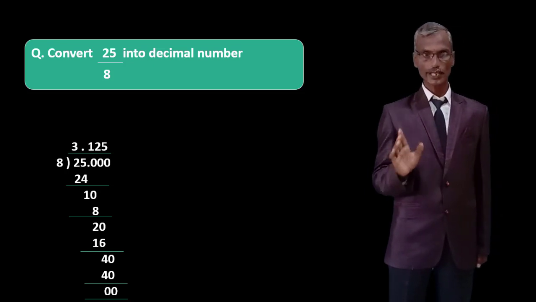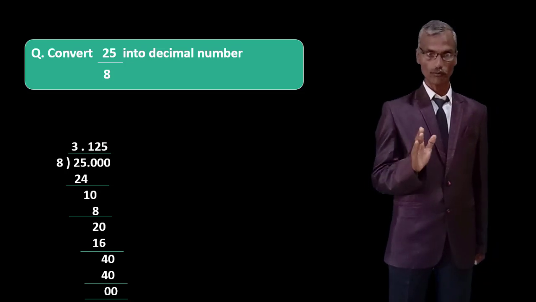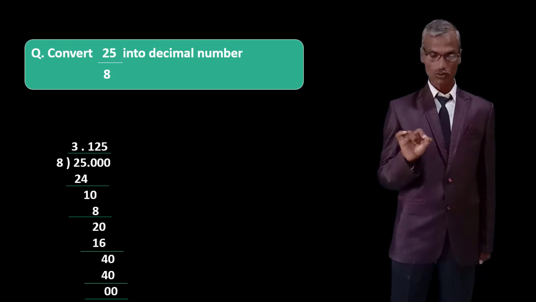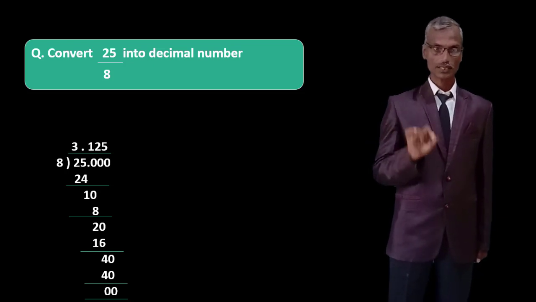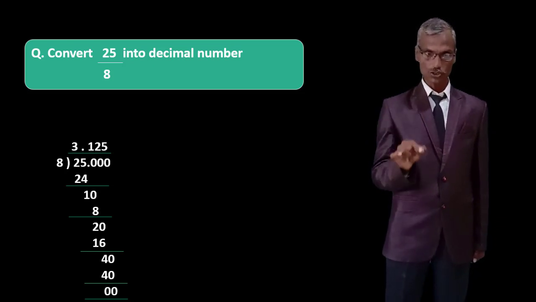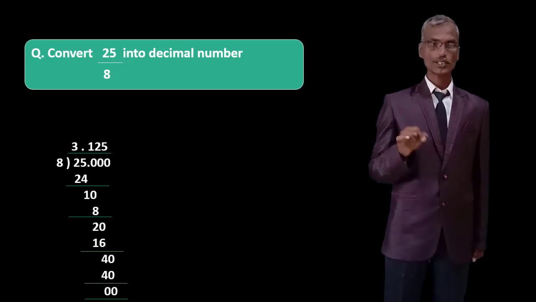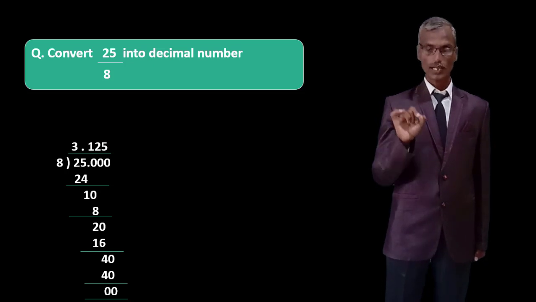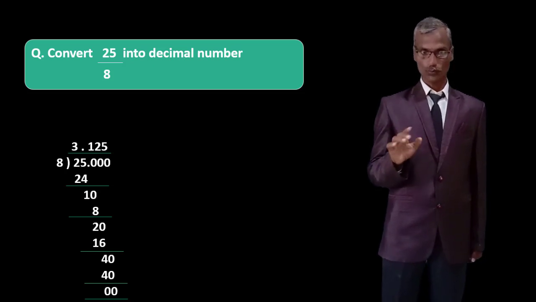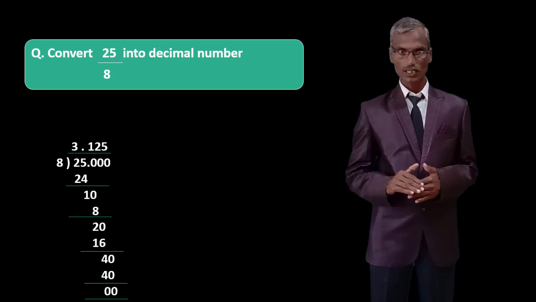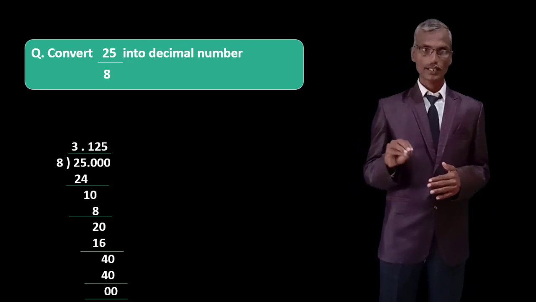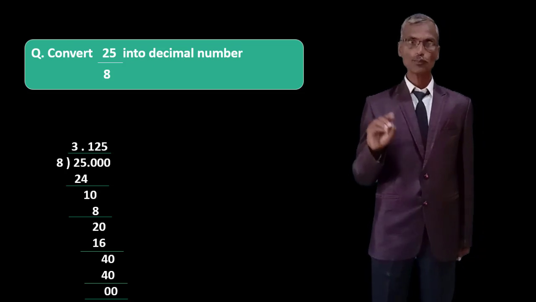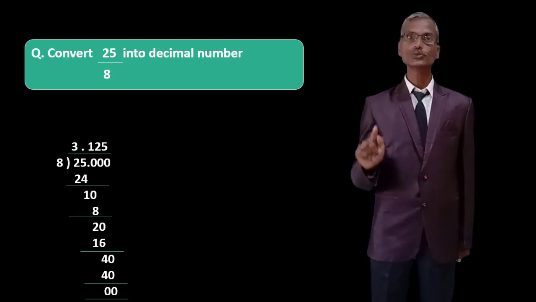It will be equal to 10. 8 ones are 8. Therefore write 8 below 10. Subtract, we get 2 and bring down 0. 20, 8 2s are 16. Now 4 and bring down 0, it is 40. 8 5s are 40. Hence 25 upon 8 will be equal to 3.125.